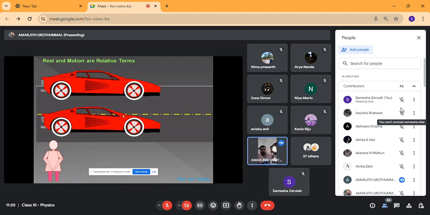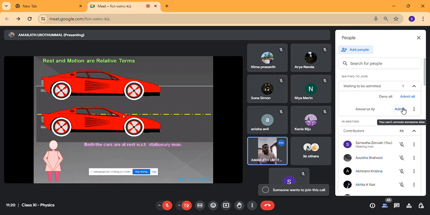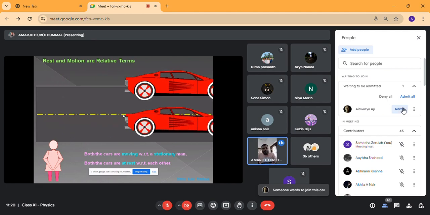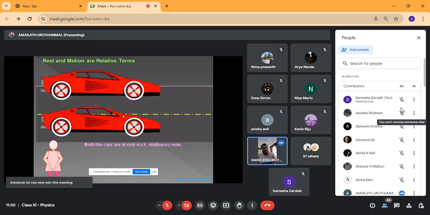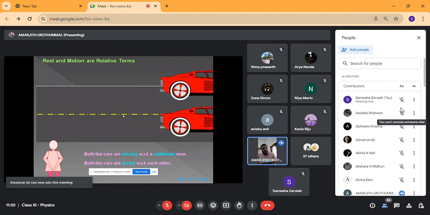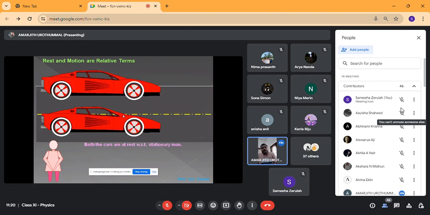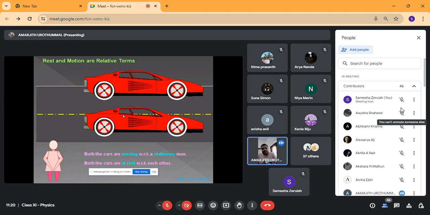Motion, sure. Now imagine that both are moving with the same speed, and the driver of car A is looking at car B. Then will they be in motion or not? Once again, imagine that these two cars are moving in the same direction with the same speed. The driver of the first car looks at the second car.